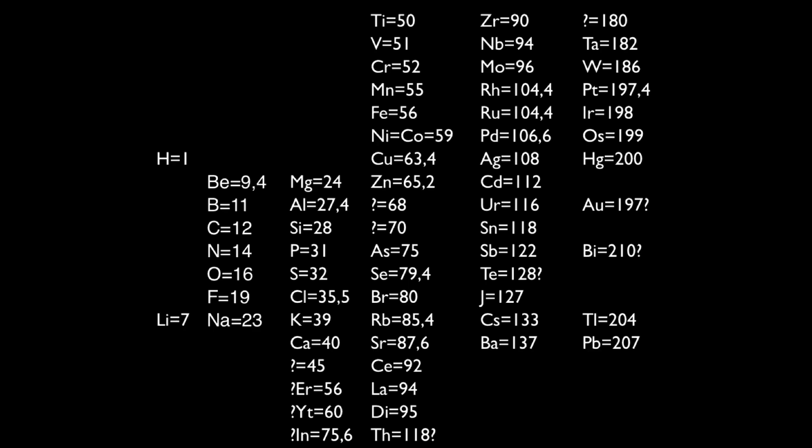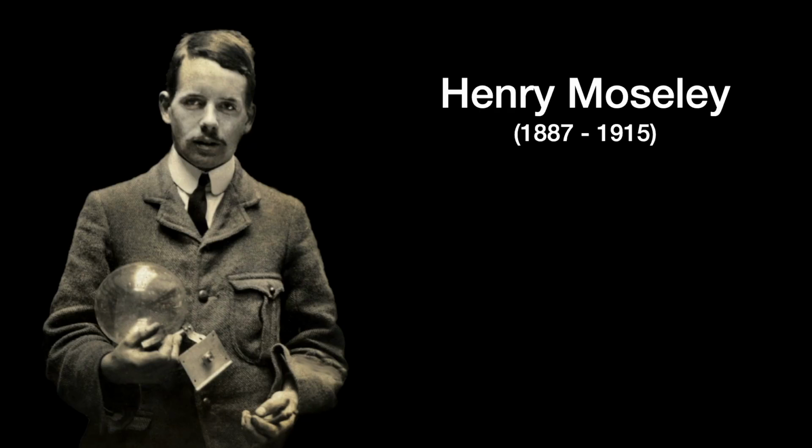The answer had to wait until 1914. Henry Moseley, a British physicist, using X-rays was for the first time able to accurately determine the atomic number of the elements. The atomic number is the number of positive charges, now known to be protons, in the nucleus of the atom.